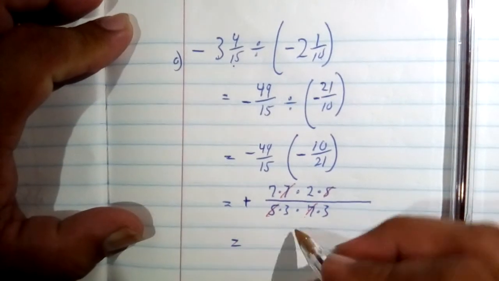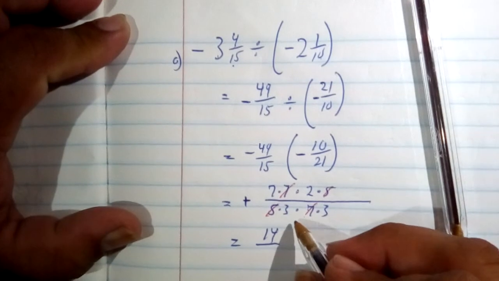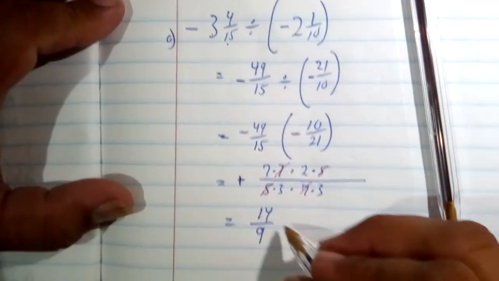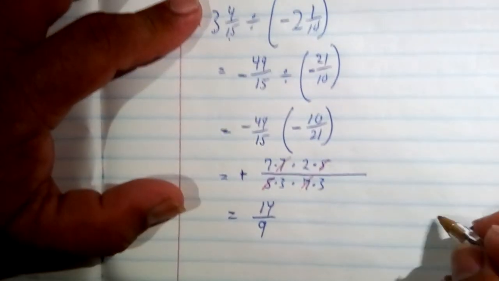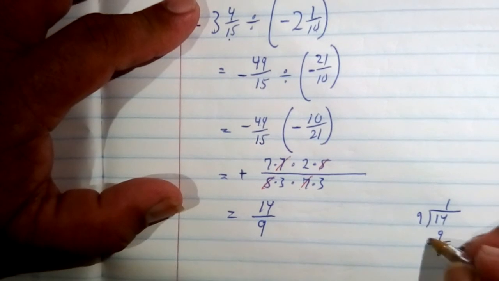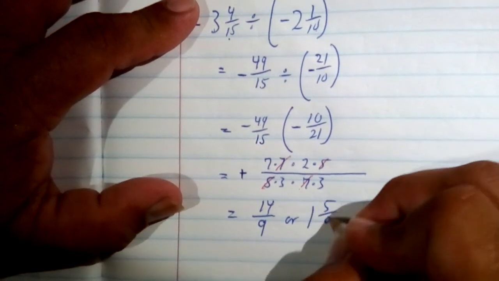This now gives us 7 times 2, 14, over 3 times 3, that will give us 9. And this could be changed to a mixed number by saying 14 divided by 9, 1 remainder 5, or 1 and 5/9.